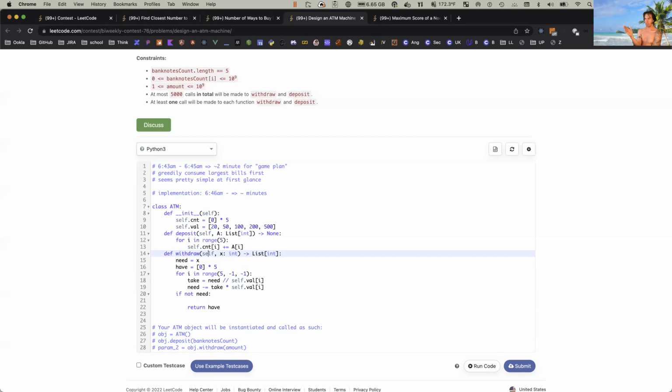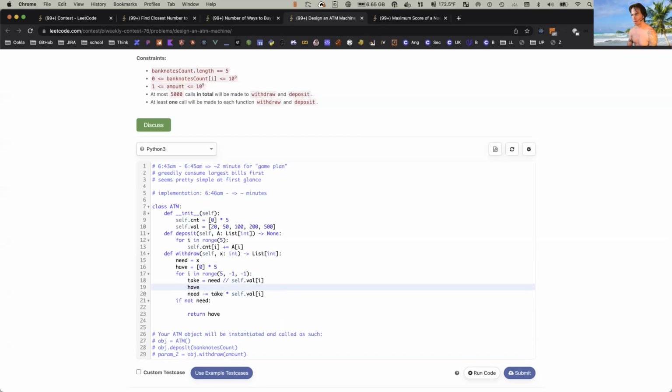Take the biggest one we can, which is 500. Take as many as we can of 500: need divided by the value, which is 500. So how many can we take of that? So have[i] plus equals what we take.